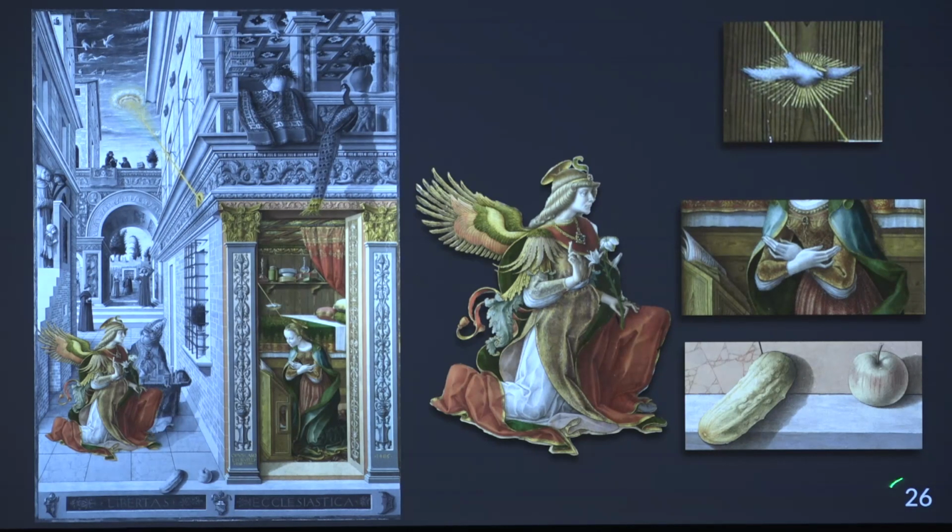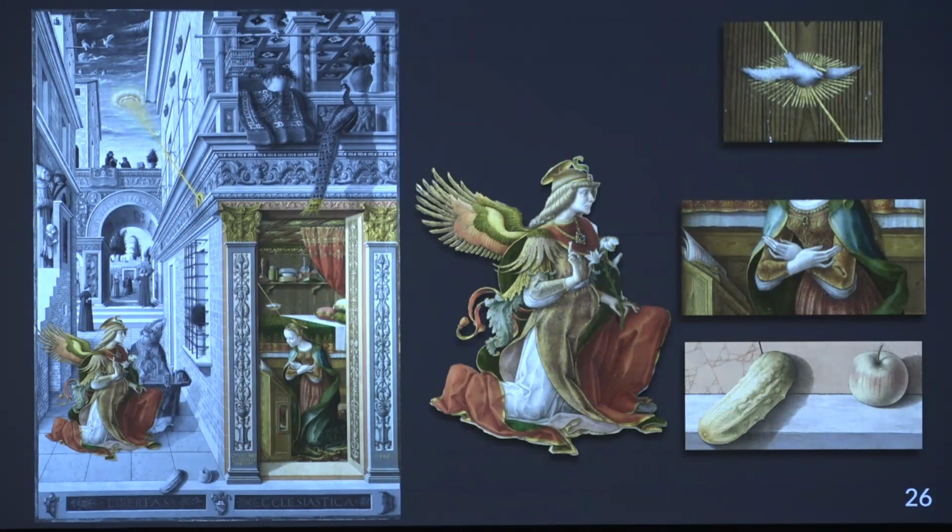And then two details. The one above, the Spirit of God, if you want to quote from Matthew's Gospel, the dove, the Holy Spirit, another messenger. This is actually the real messenger, or if you like, is the message. She's about to accept that. And then the two details that intrigue all the kids when we talk about this painting during our school visits in the gallery.